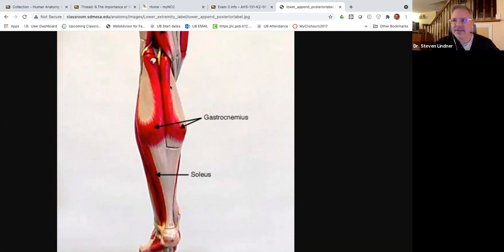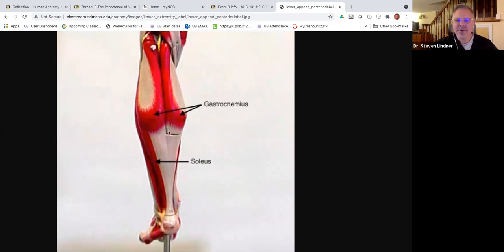It's like if you were asked the biceps and it's pointing to the long head, for full credit you would say long head biceps brachii, short head biceps brachii. If it's the triceps, is it the long head, lateral head, or medial head? When you're talking about the gastrocnemius, is it the medial head or the lateral head of the gastrocnemius?